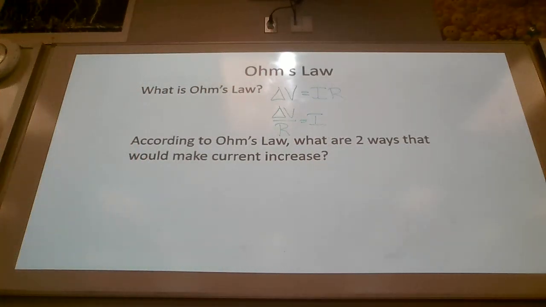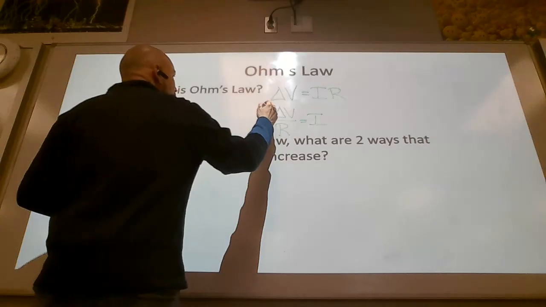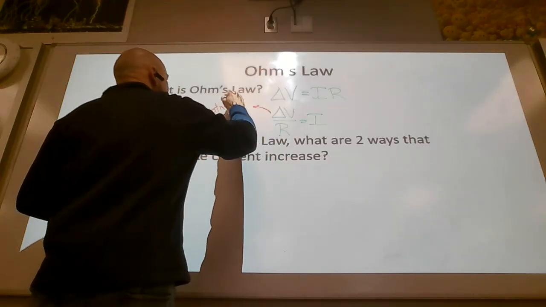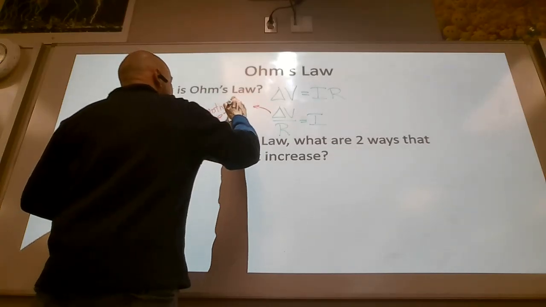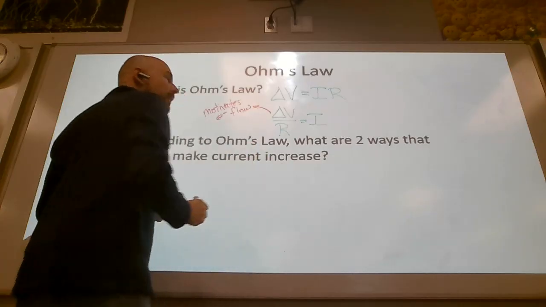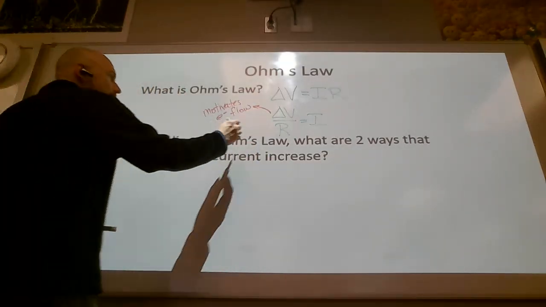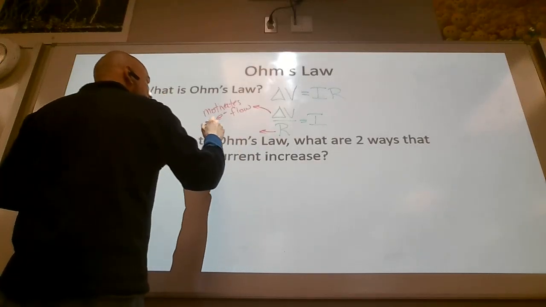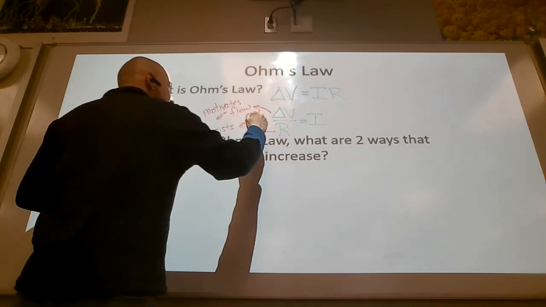Current equals voltage over resistance. So, to look at the roles things play, voltage motivates electron flow. It's the push, it's the pressure, like, come on, let's go. Resistance resists electron flow.